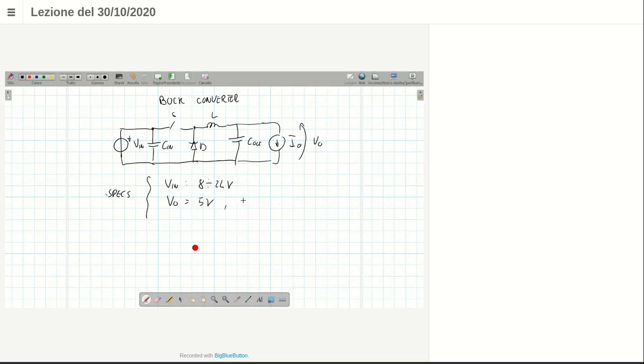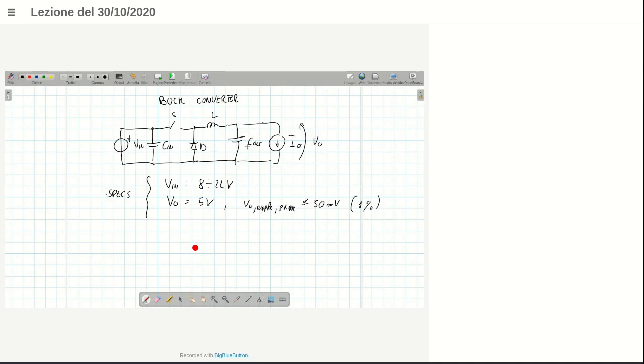And on this output voltage, we accept a peak-to-peak ripple of less than 50 millivolts. That is 1%.